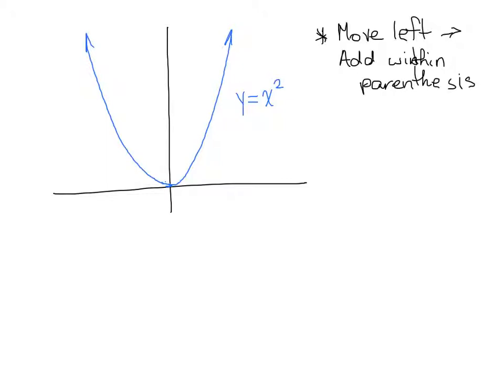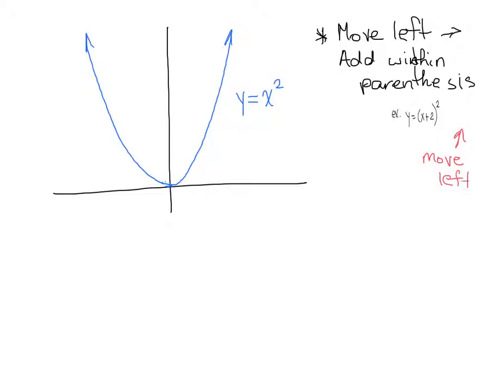So let's say, for example, we have a graph y equals x plus 2, and all of that is squared. So now we're adding within parentheses. Whenever you see that addition within parentheses, that's an instruction telling you to move your graph over to the left.